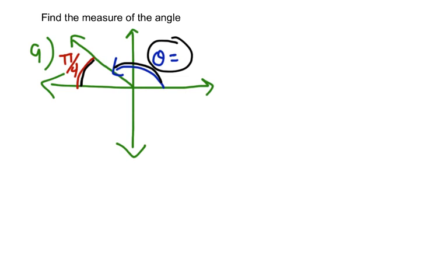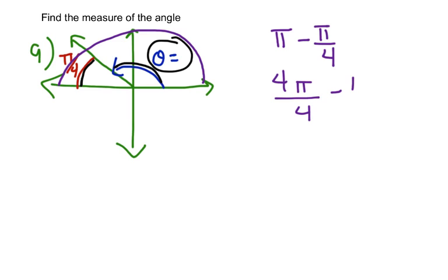Since we know that this whole angle here is 180 or pi, all we have to do is take pi and subtract pi over 4. So I'm going to change this to 4 pi over 4 minus pi over 4, and I get 3 pi over 4.